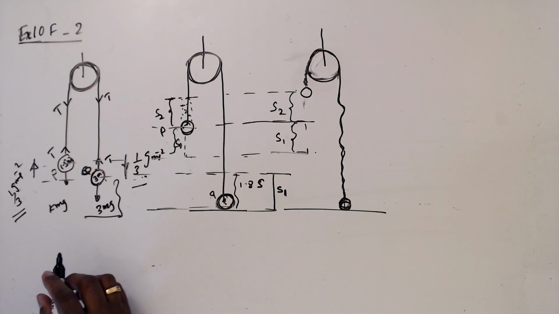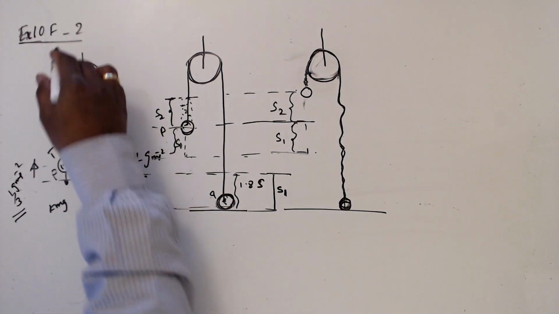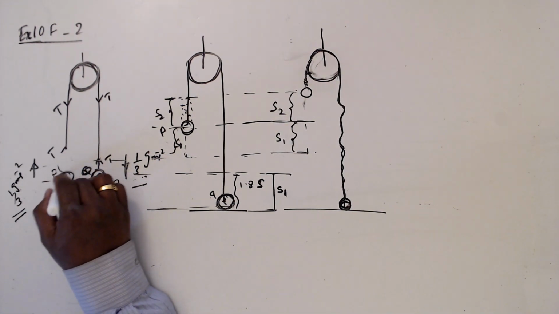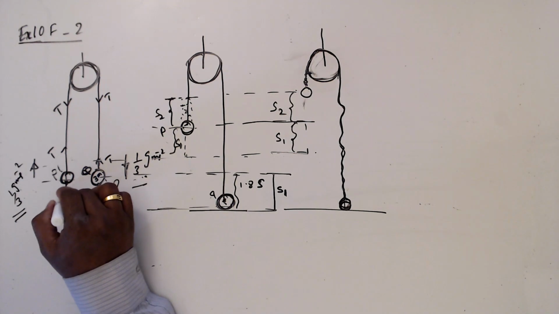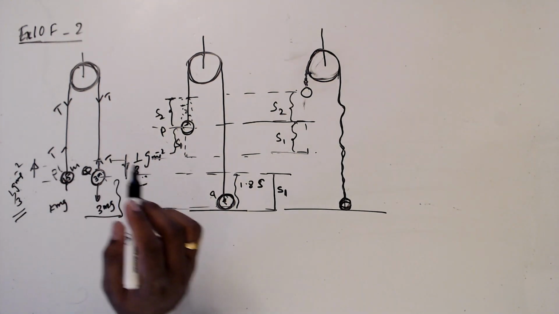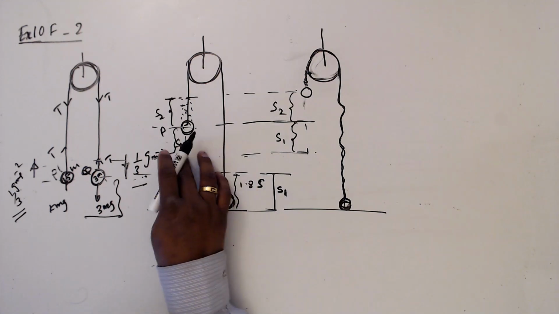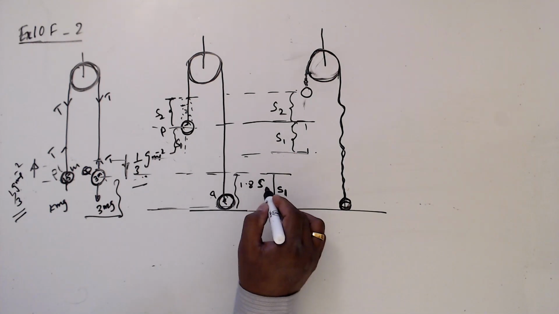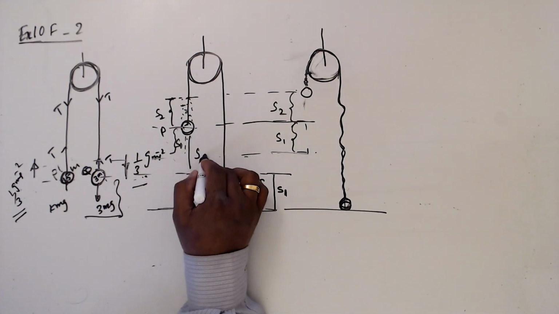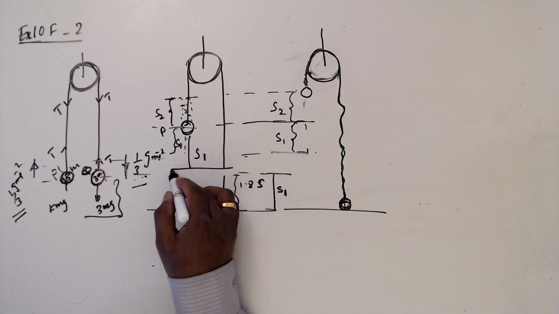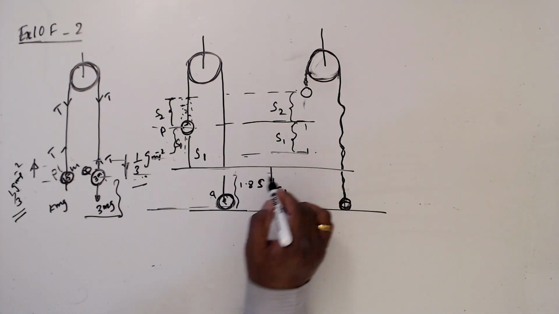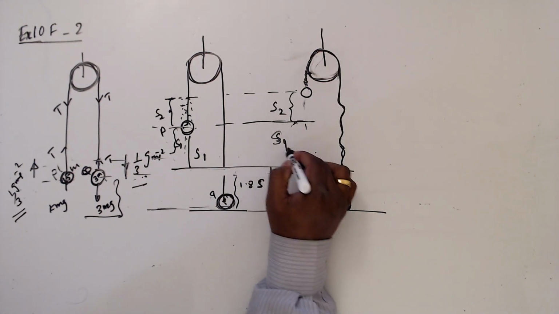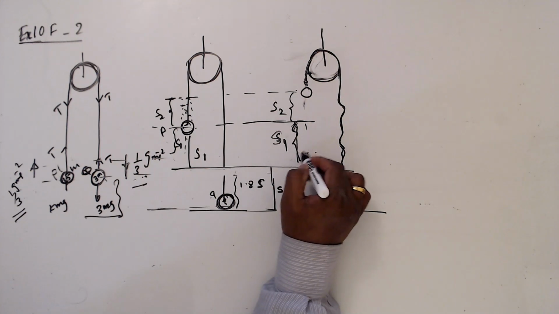So you can see that the string is something like this. In the picture, the particle is actually at the same distance, so I am going to draw it at the same distance, 1.5 meters. It doesn't affect anything so far. This is S1, and this is S1 as usual, and then this is S1, this distance.